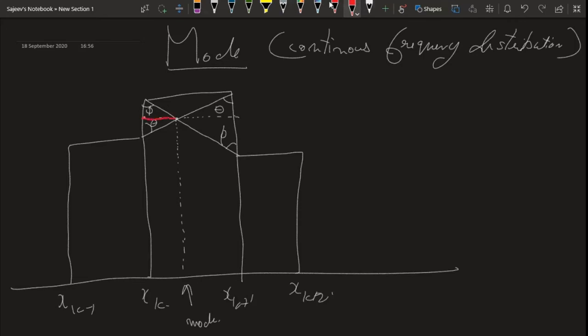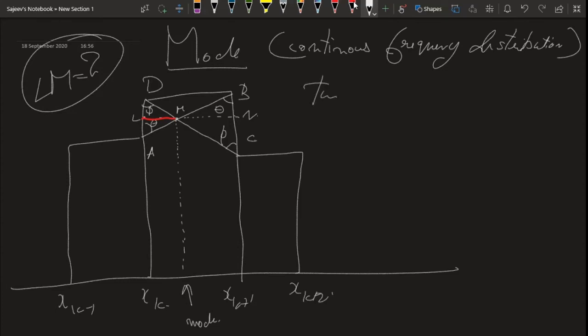Before that, the red line is what we need to find, right? Because xk plus the red line gives us the mode. So I'm marking these as A, B, C, D, and I'll let this be L, N, and M. So LM is our unknown, and that's what we need to find.